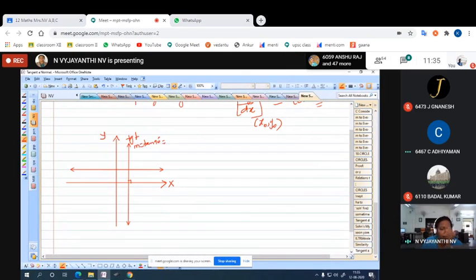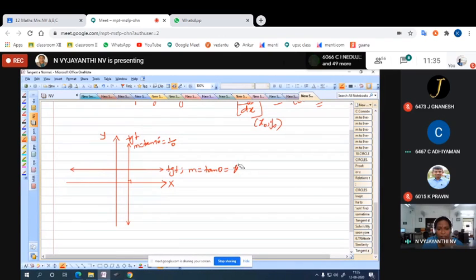Tan 90 is not defined, or we will assume it as 1 by 0. So if it is parallel to the x-axis, then in this case slope m is equal to tan 0. Tan 0 is 0.